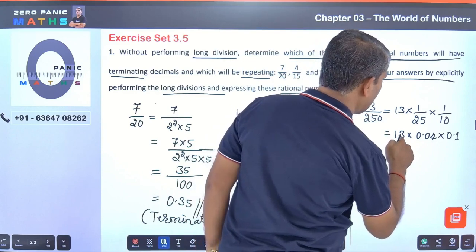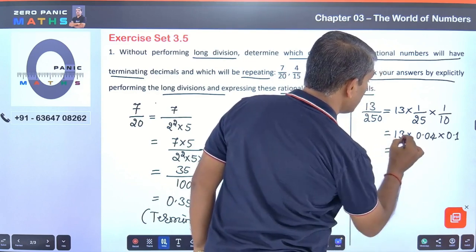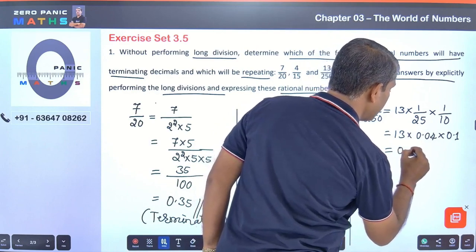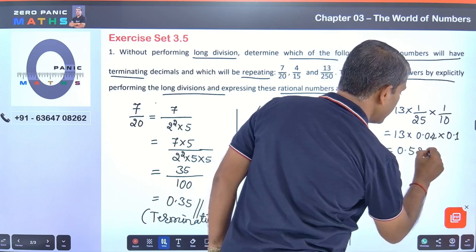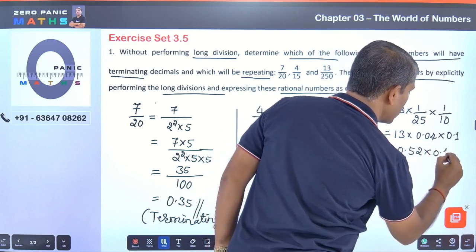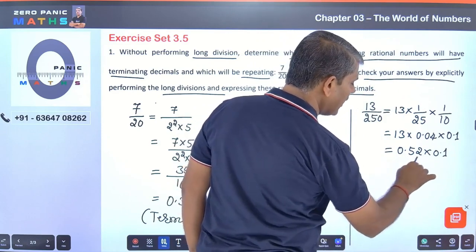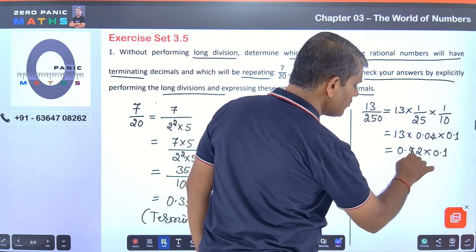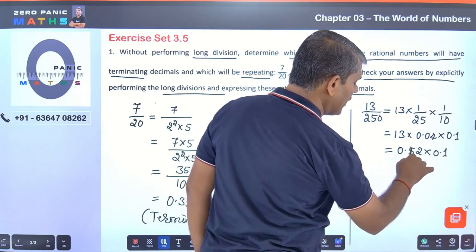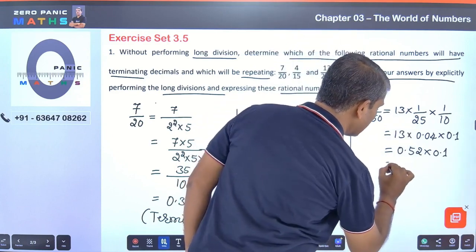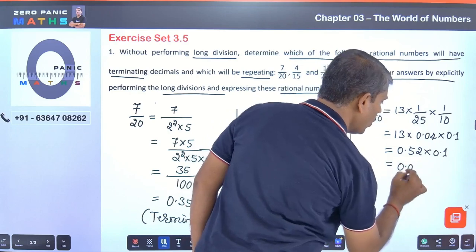First you multiply 13 with 0.04. 13 fours are 52, so it will be 0.52. 0.52 multiplied by 0.1. And you know that 0.1 is nothing but dividing by 10. When you divide this decimal by 10, this 5 digit will be pushed one digit to the right side, and it will always give you 0 inside that.